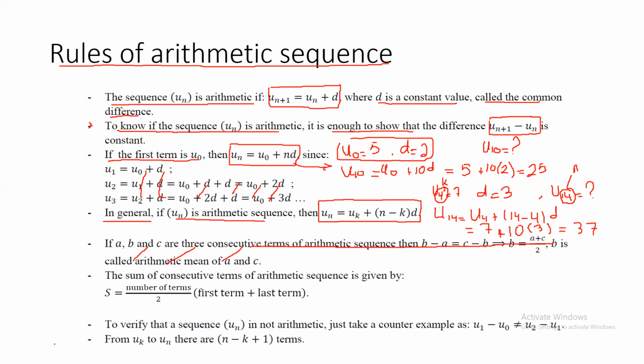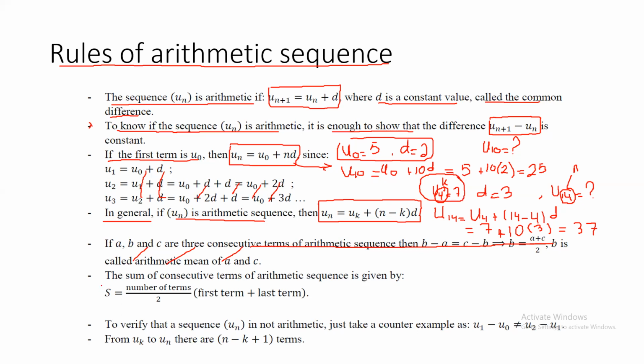U4. I have U4. Why did we take U47? It is given here. U4 equals 7, given. Oh, given, okay.